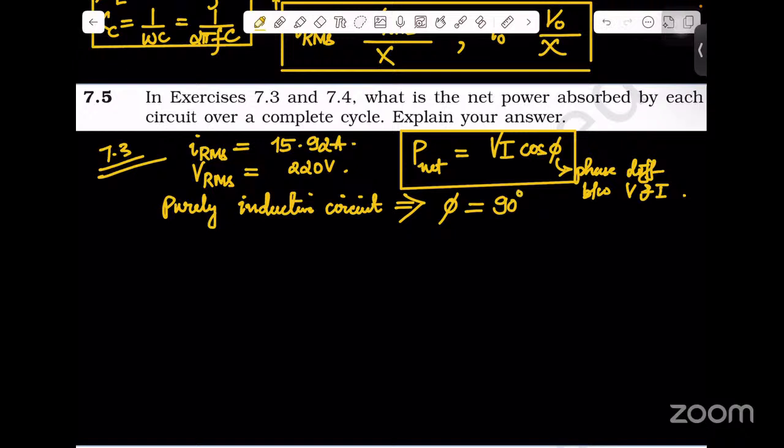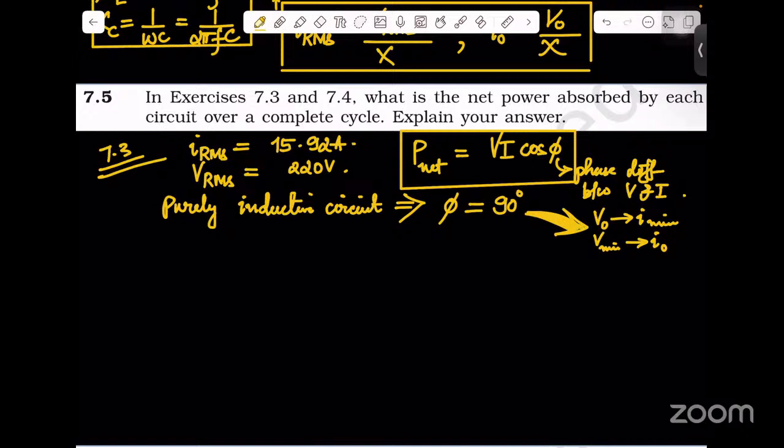What is the meaning of the phase difference between V and I? That means whenever the potential is at the highest, that is V naught, the I will be at the minimum value, and when the potential is at the minimum value, I will be at maximum value, right? So that is the meaning of the phase difference being 90 degrees.